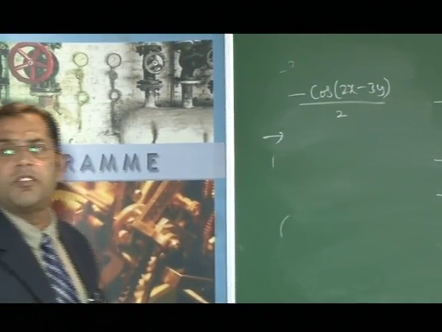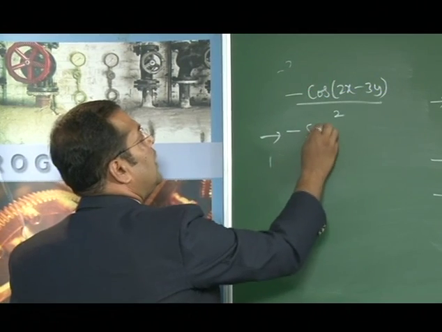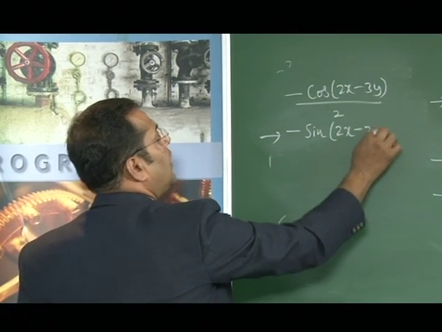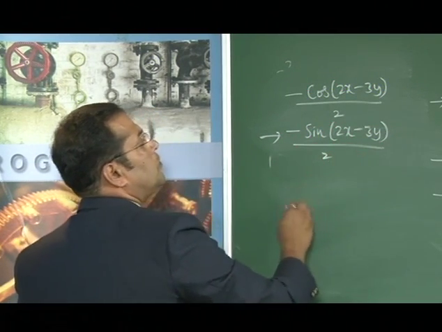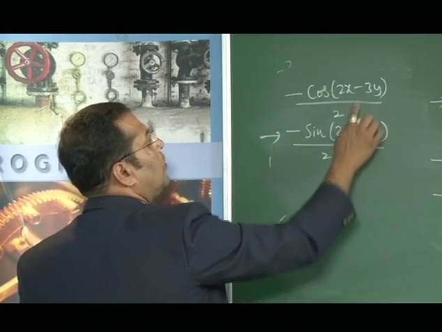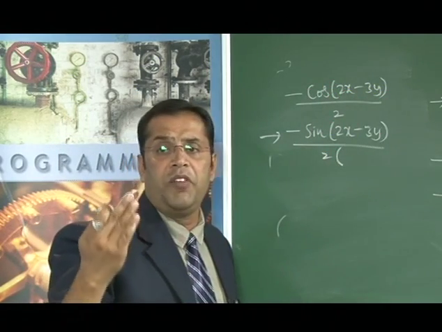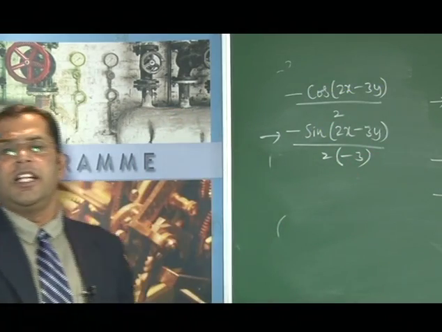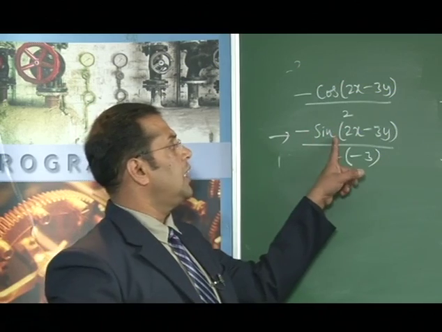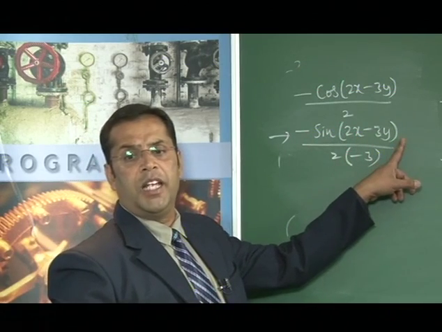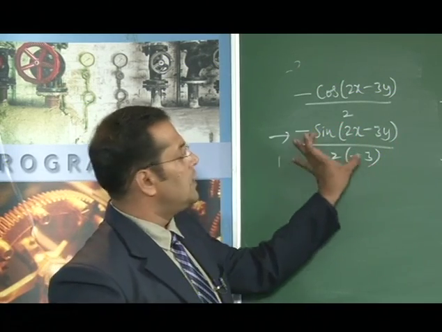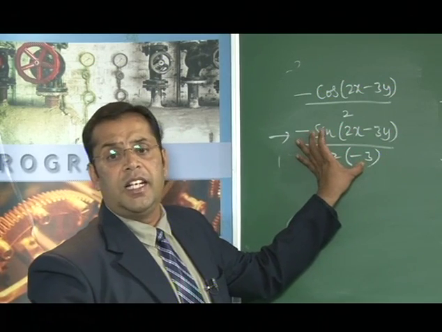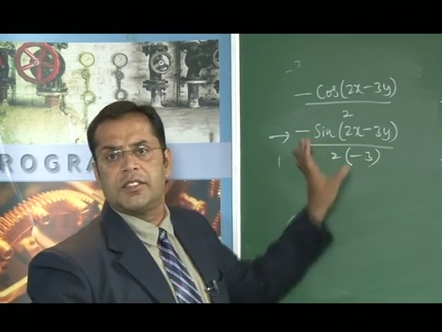You know that integration of cos is sine. So, you get minus sine 2x minus 3y by 2, into, you should divide by the coefficient of y, which is minus 3. So, the integration will read as minus sine 2x minus 3y by 2 into minus 3, or when you cancel the negative sign, it is sine 2x minus 3y by 6.